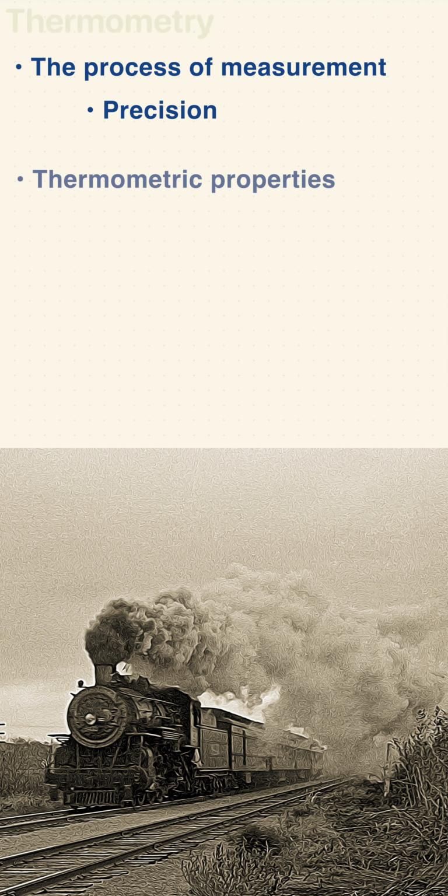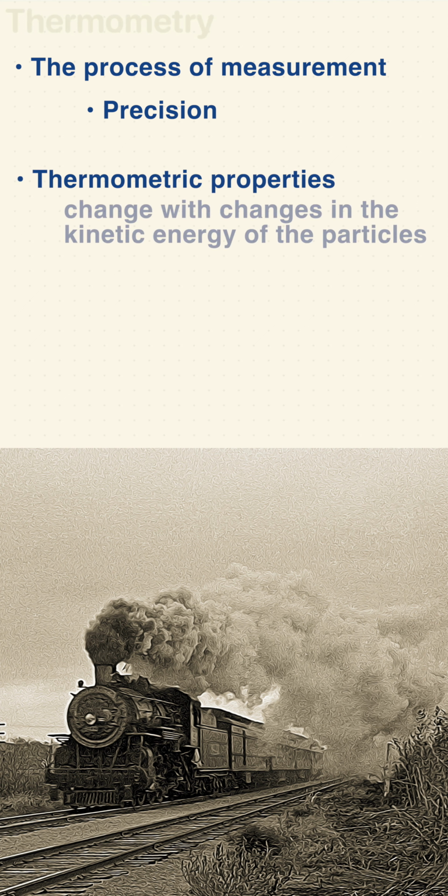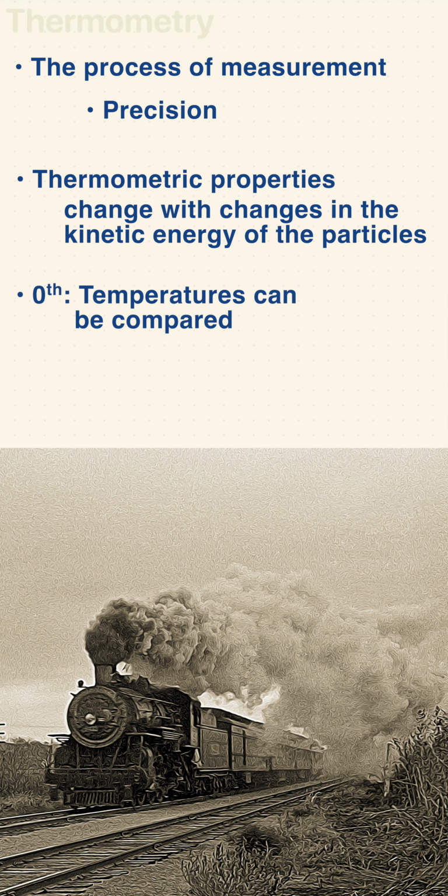Thermometers use a thermometric property, a property that changes with changes in the kinetic energy of its particles, and the 0th law of thermodynamics to compare the temperature of the object we are measuring with a known standard. Mathematically, it is robust, and that means we can be confident to use such measurements for complex engineering constructions, for critical medical diagnoses, and for making the perfect coffee.